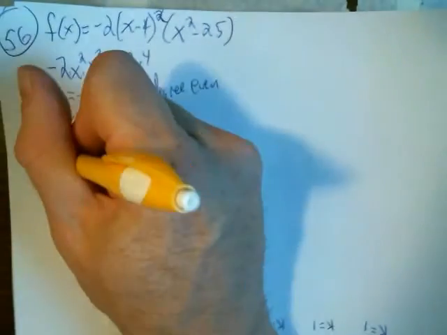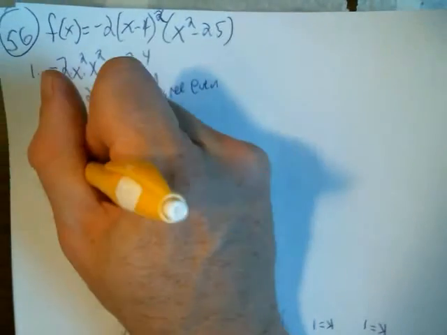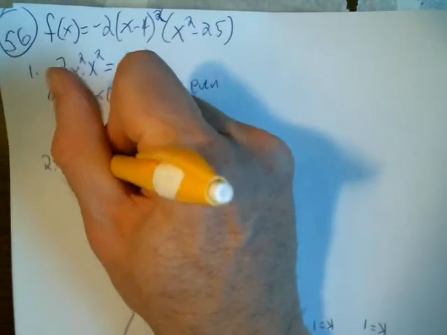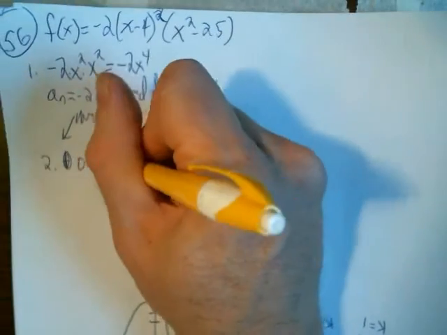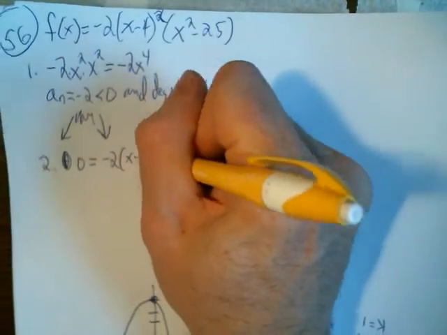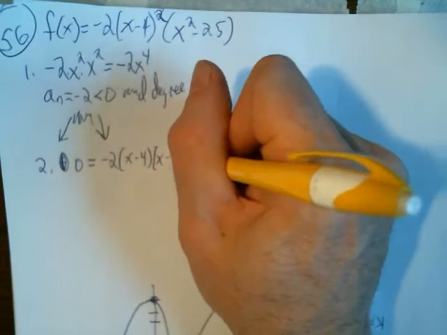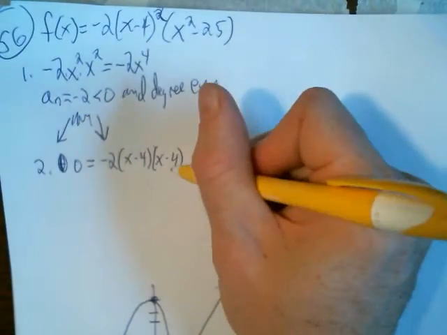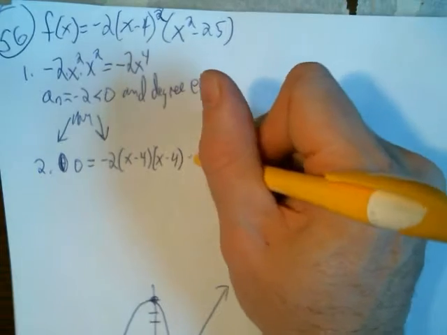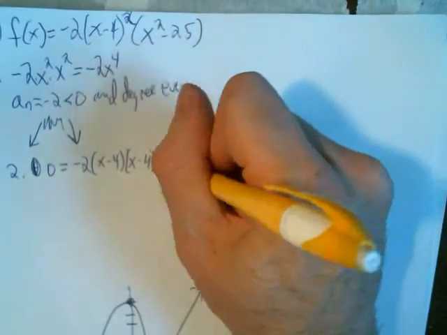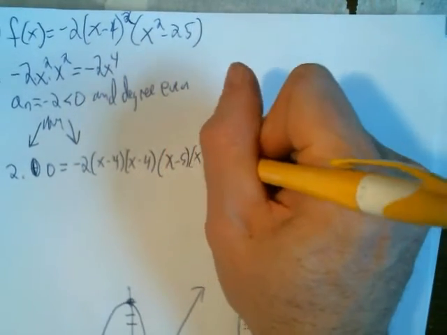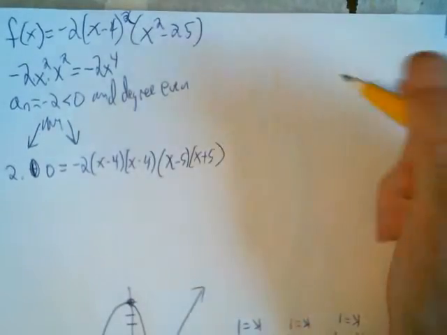Okay. Secondly, then you're going after intercepts. It's already factored for us, so you don't have a lot of work to do. -2 times x minus 4 squared is the same as writing x minus 4 times x minus 4. So you have a root of multiplicity 2 this time. And then we got x squared minus 25 is x minus 5 times x plus 5. Okay.